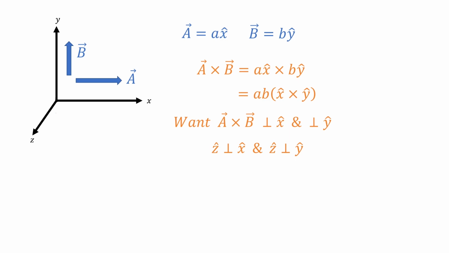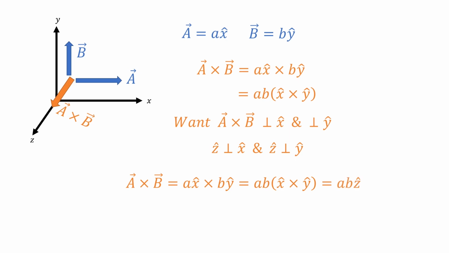The cross product of vector A crossed with vector B equals AB z hat, where AB is the multiplication of the vector magnitudes and z hat points in the direction perpendicular to both vectors A and B. If we saw the cross product of two vectors is in z hat, that tells us that z hat is normal to the plane those two vectors lie in.